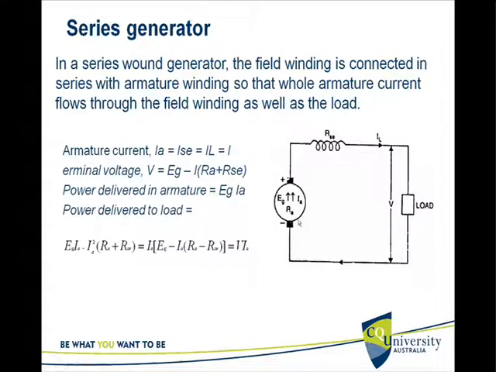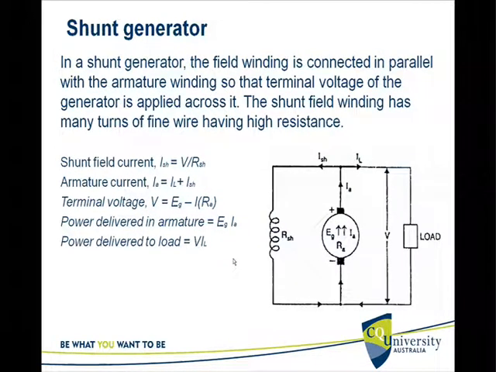Power delivered to the load, as before, you just subtract the power dissipated in the armature resistance and the field resistance. It's the same as terminal voltage times the current going into the load. So that's a bit of mathematics.